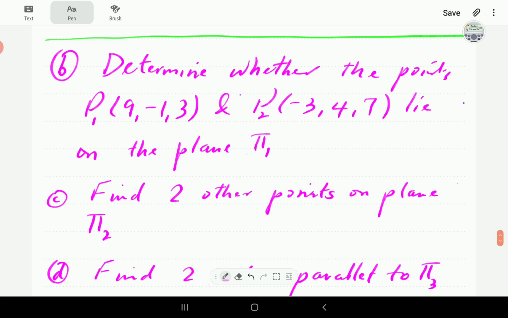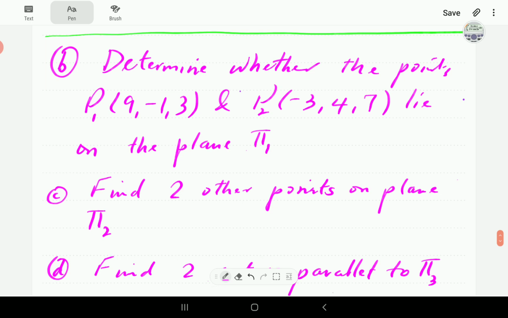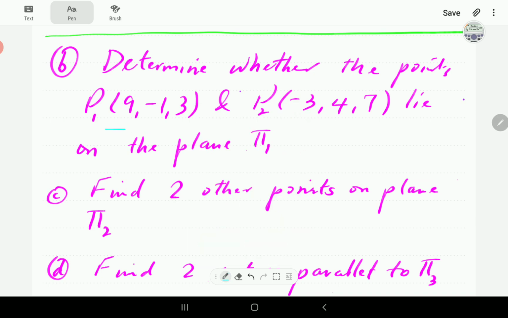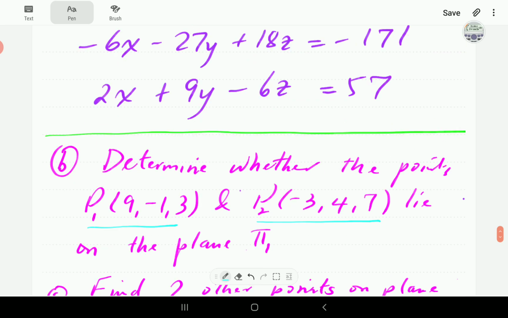So in example number B, we want to determine whether these 2 points, P1 and P2, lie on the plane pi 1. The quickest way to do this is via the scalar form of the equation for pi 1.